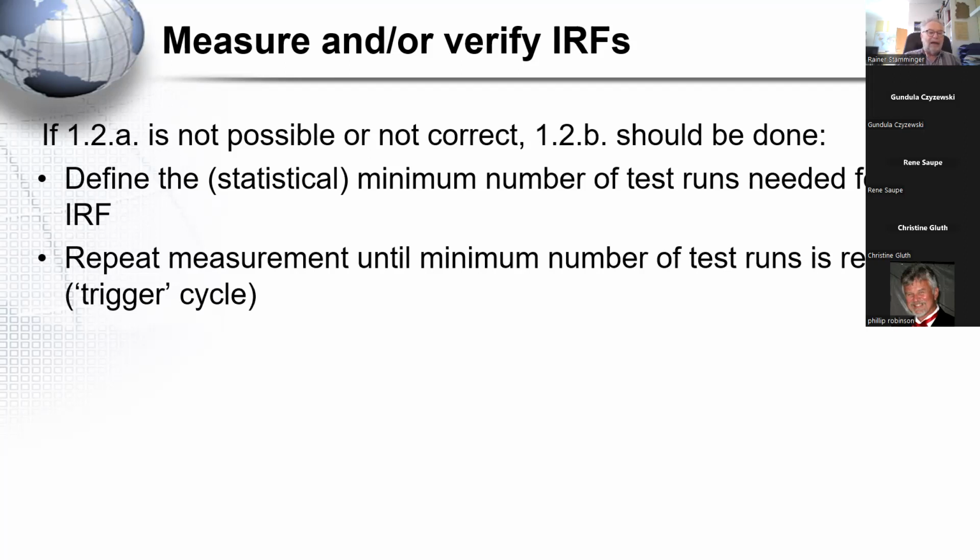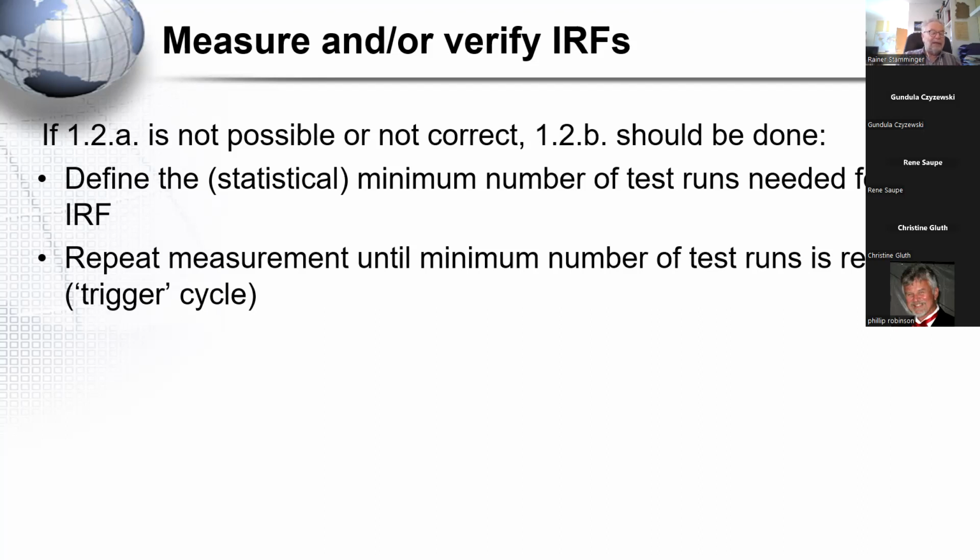So this is where the IRF is triggered by the logic of the program, where this says now you have to happen. So you have to rinse or regenerate the softener or whatever it is. So this means we may have to make many runs until we get a sufficient number of those trigger cycles.